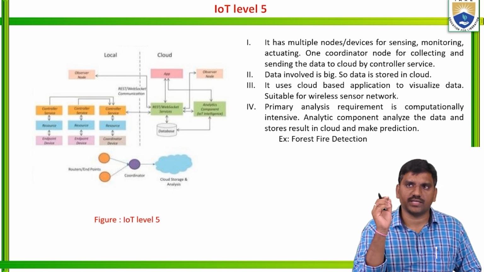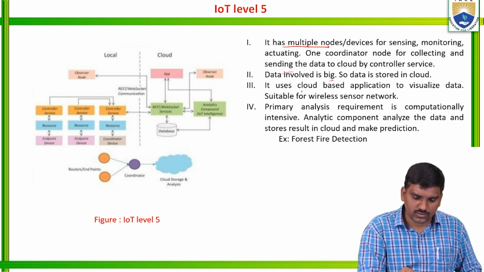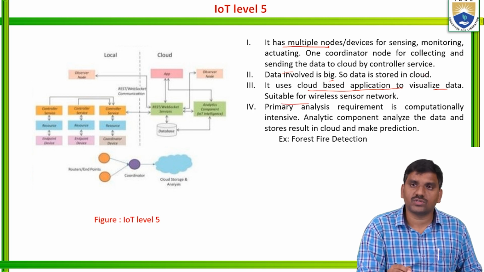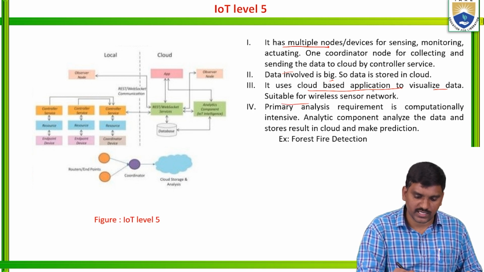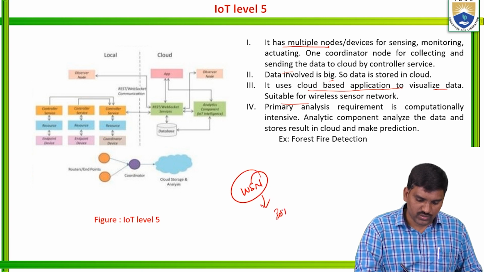Next, IoT level 5. Same, it has multiple nodes. The data involved is big. It uses a cloud-based application to visualize the data. It is suitable for wireless sensor networks. So this is one of the IoT enabling technologies.